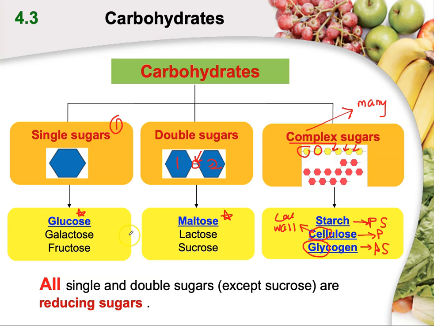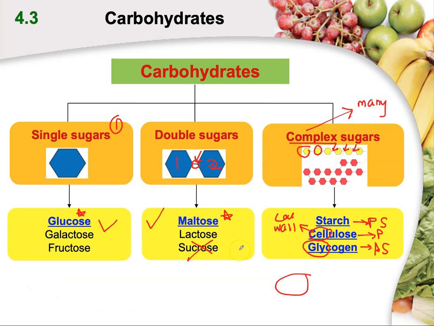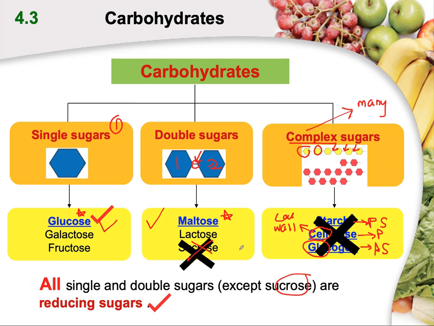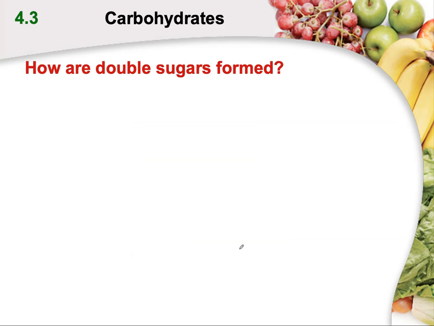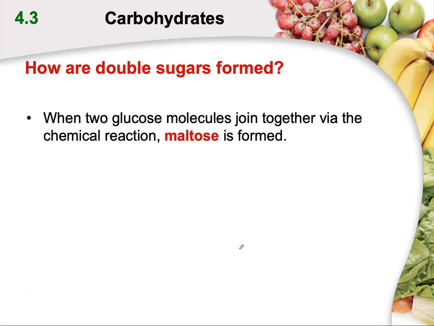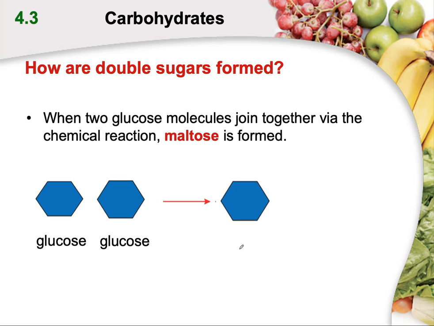We also mentioned that all single and double sugars are reducing sugars except sucrose. That means sucrose is not a reducing sugar. Next, we talked about where your single and your double sugars can be found. We also talked about how your double sugars can be formed. Look at this.